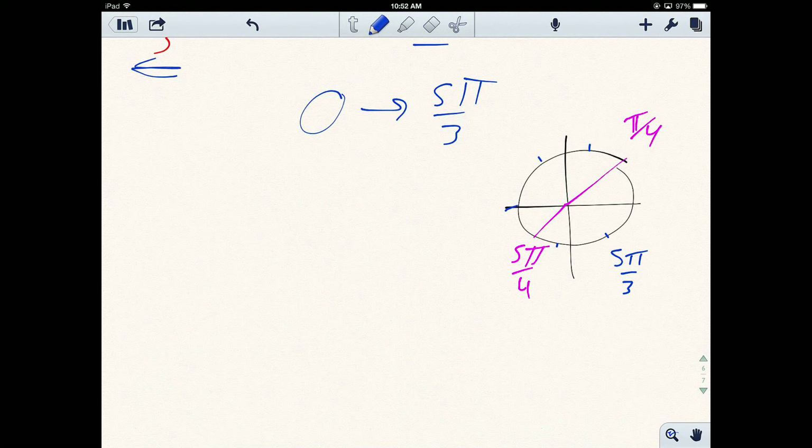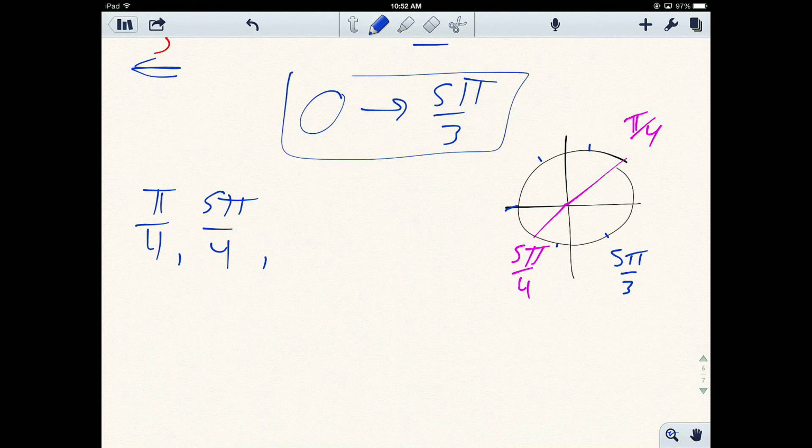So we're not quite all the way around once. So let's count where they end up. So here's pi fourths, so that's one of my solution starting points. Here's 5 pi fourths. There's another solution starting point. And then I run out of space. Okay, so that's for 0 up to 5 pi thirds.